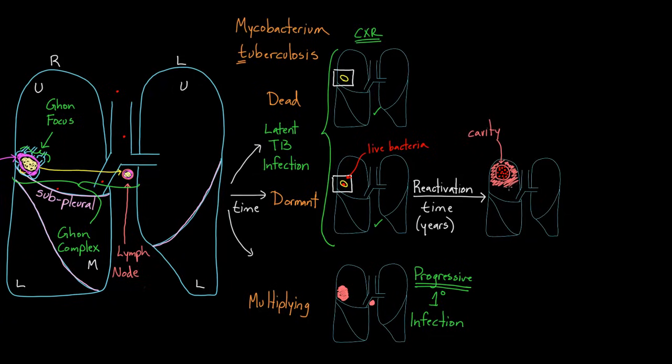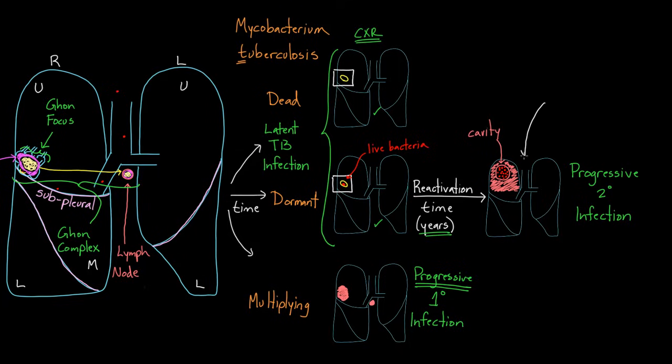So if you see cavities and you see lots and lots of disease, you're really going to be worried that this person might have what we call progressive secondary infection. And the reason I'm saying secondary is because, again, this is happening separate from that primary infection. This is happening sometimes years later.